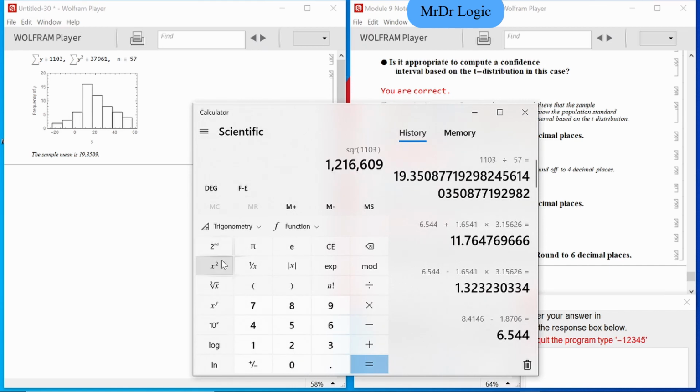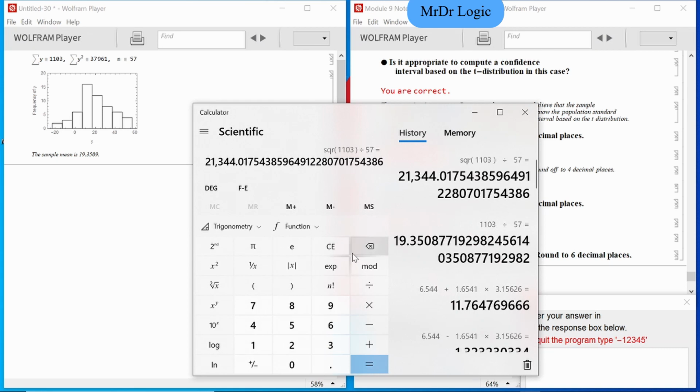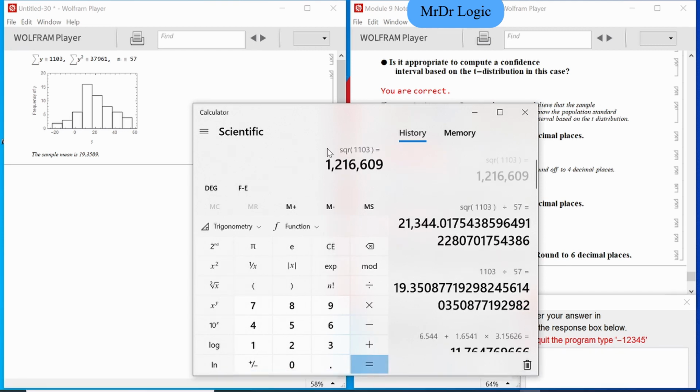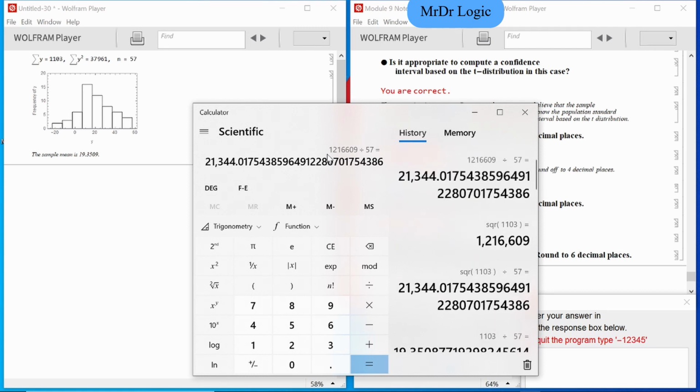Squared. Let's keep, oh my god. Okay, you gotta be absolutely correct for that to work. Divided by 57. No wonder it didn't work last time. So we squared it. We divided by 57.